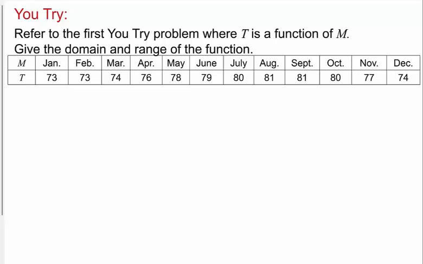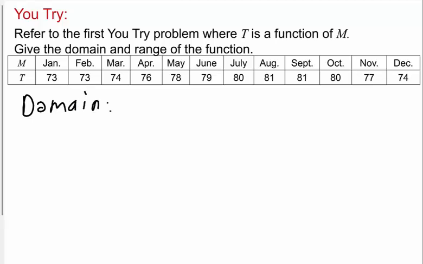Okay, now you try. Refer to the first you try problem where t is a function of m. Give the domain and range of the function. Remember, all we have is what's in the table. So try it yourself, pause the video, then come back and see if you got the answer correct. Okay, domain. We could write these out.